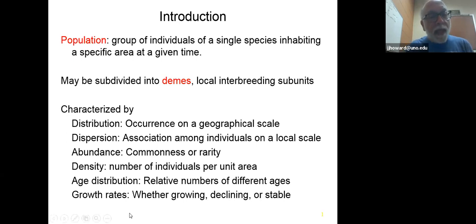And from that, we will then derive growth rates. And that will tell us whether populations are growing, declining, or stable. And we will spend most of our time on that last point. But realize that all of these are emergent properties of populations. Okay, so today our focus is on the first 2, distribution and dispersion.